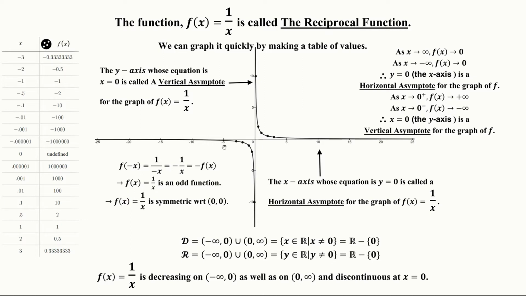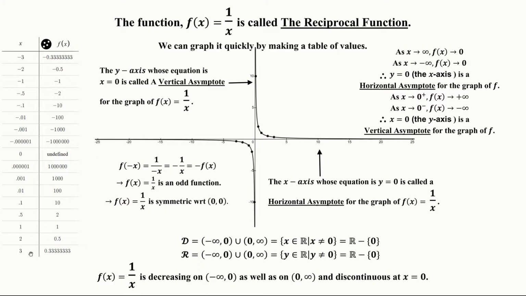The values of y become negative numbers that are very small, but their absolute value is very large. So what's happening here is that the graph is going to get really, really close to the y-axis, but it's never going to cross it.